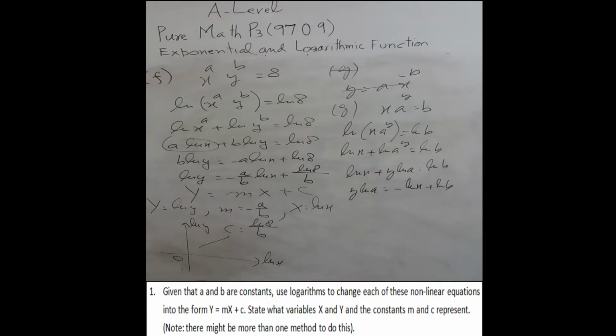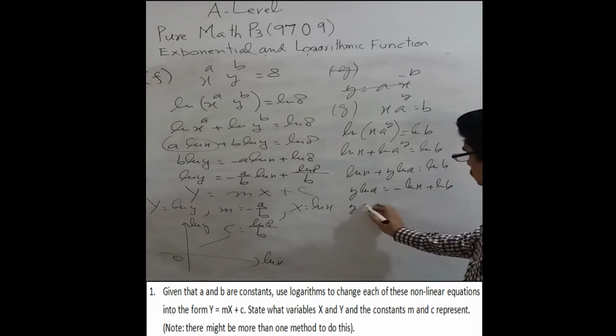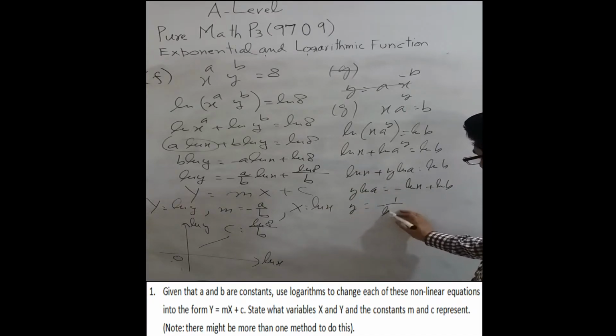Shifting this term to the right, dividing by ln a, y is equal to minus 1 over ln a into ln x plus ln b over ln a.